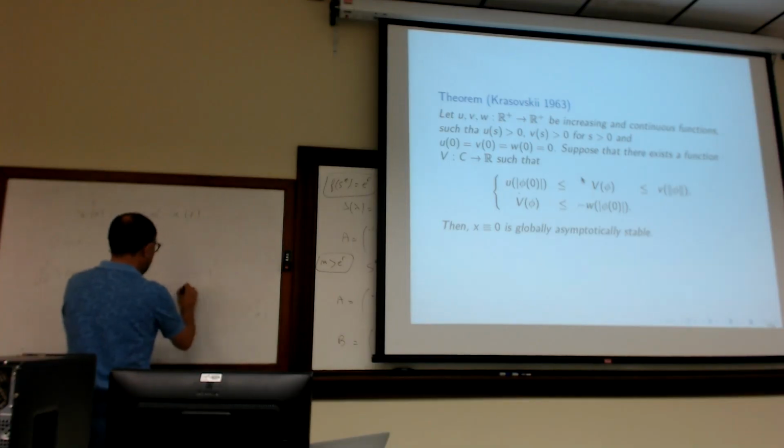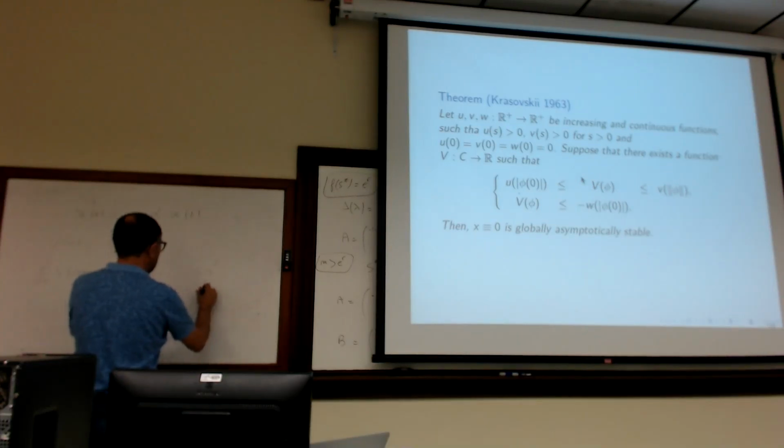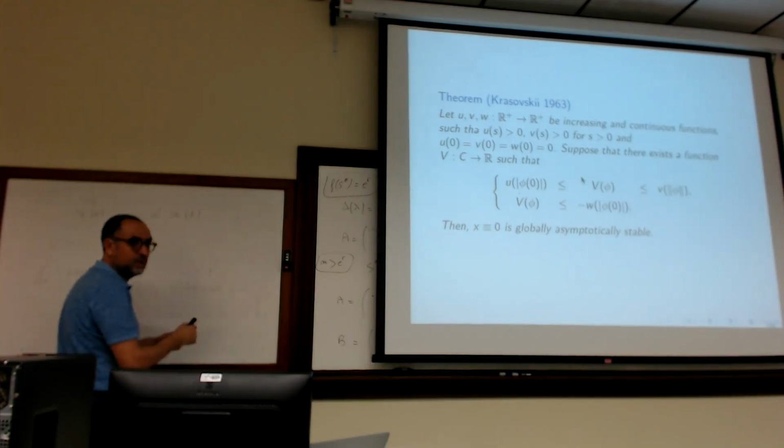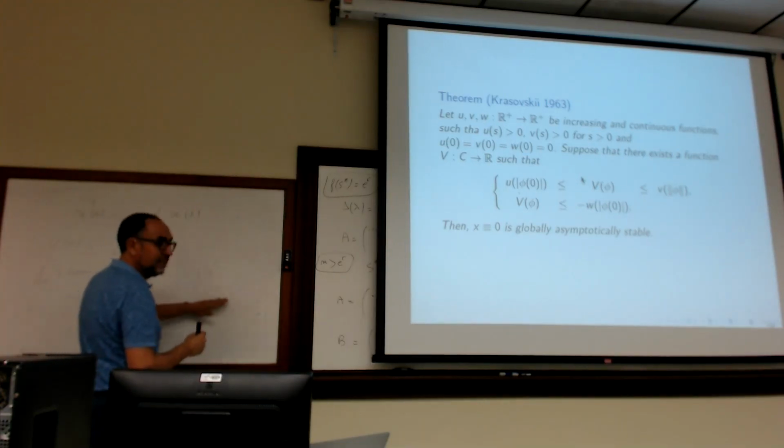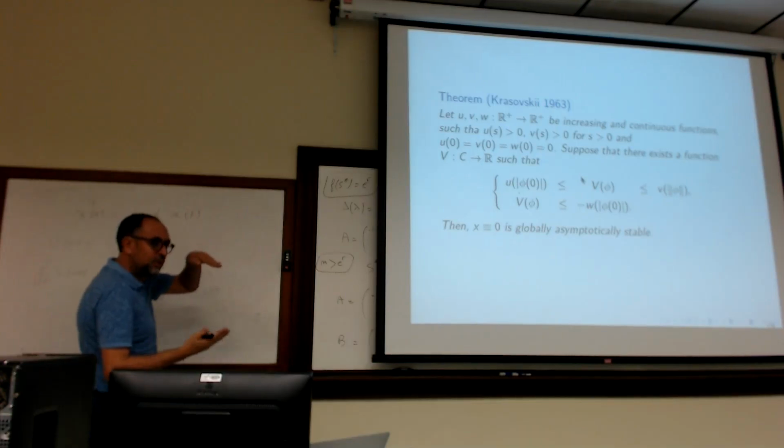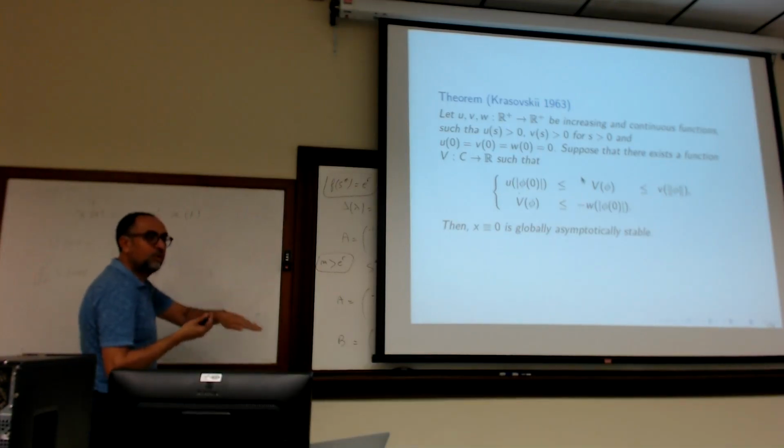Okay, it's exactly minus alpha 2 v of x. And as this is positive, this is decreasing. This is decreasing, that means we will not cross 0, we will go to 0.